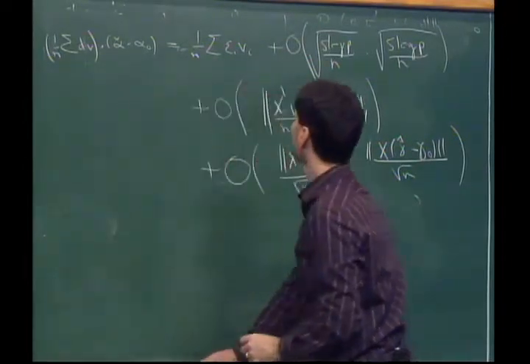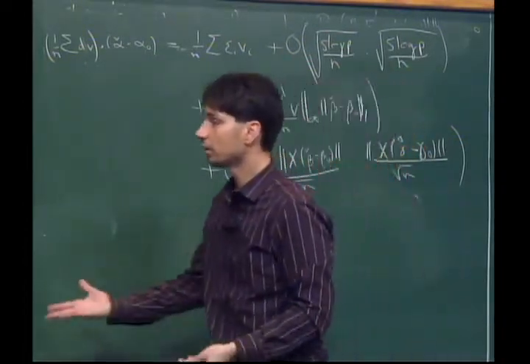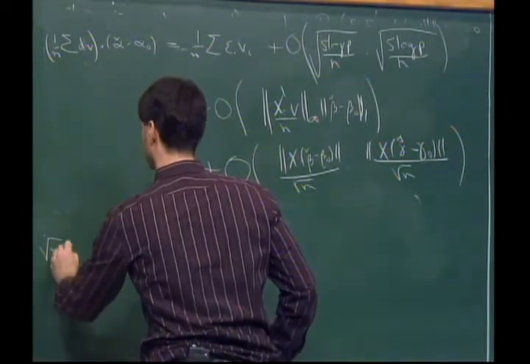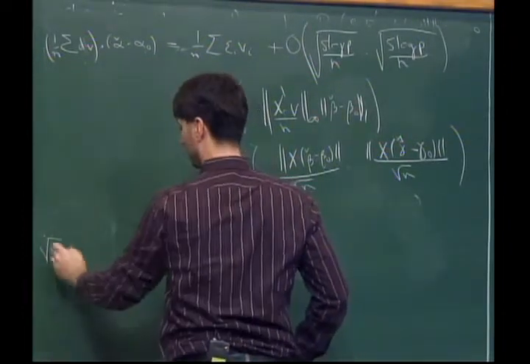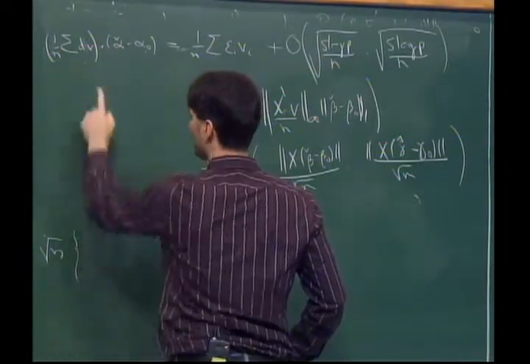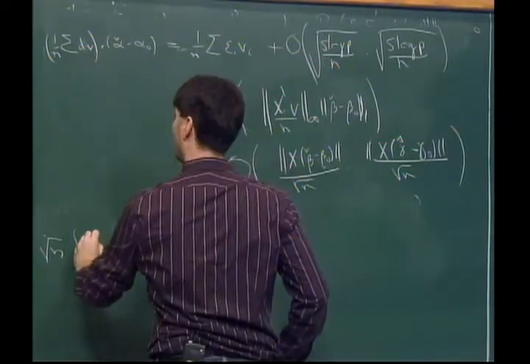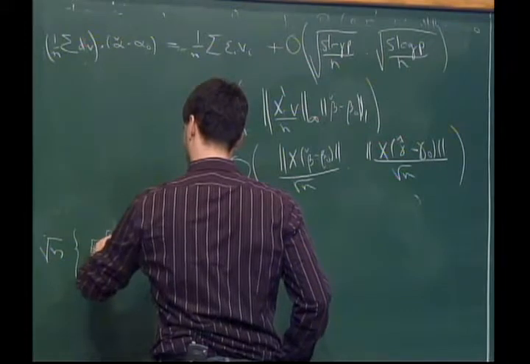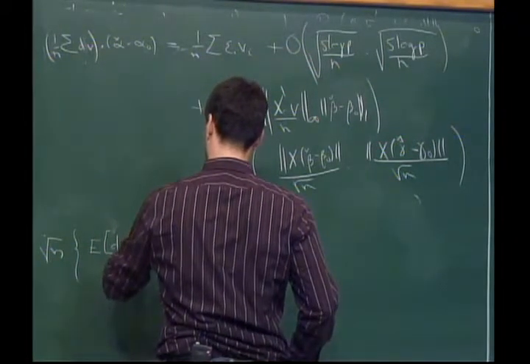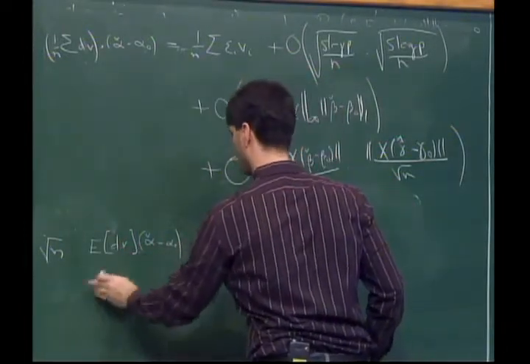Now I'm going to hit everything by root n, because what I really want is the confidence intervals. So I need to hit this by root n times this part. This is going to converge to the expected value of dv. Those are two scalars. So we have alpha check minus alpha naught, essentially, plus order 1, but not really little o of 1.